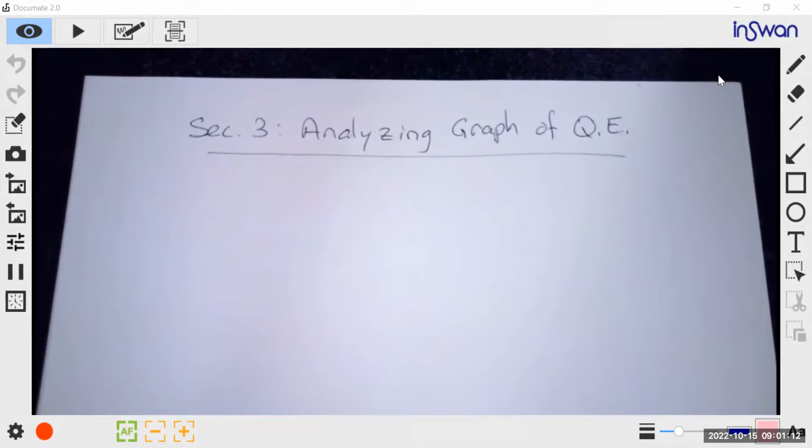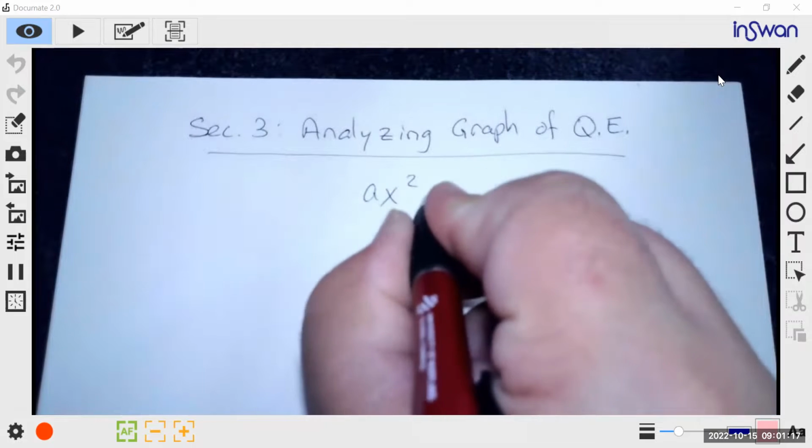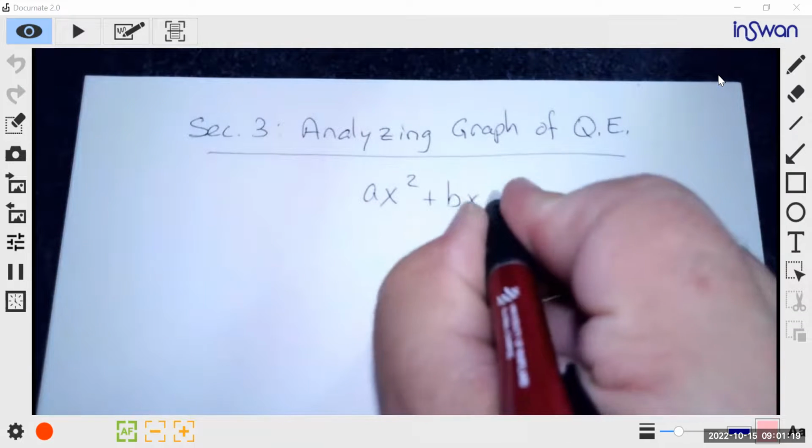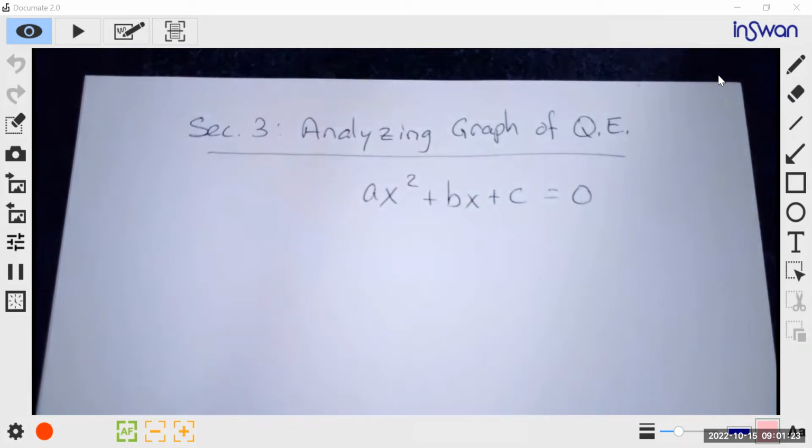When we talk about analyzing graphs, we have a quadratic equation. We're going to look for three primary, actually, let's look at four things.